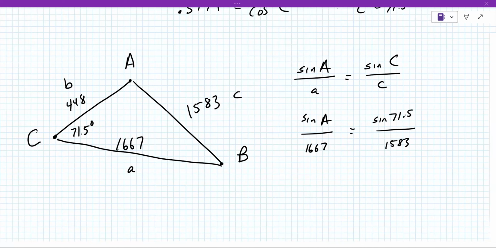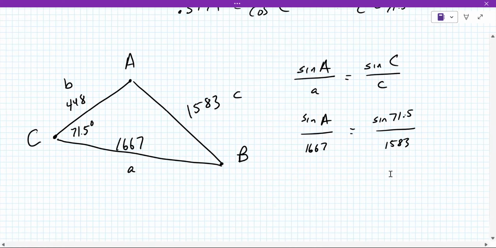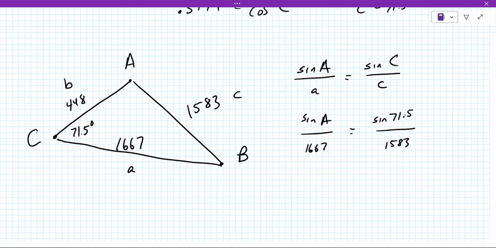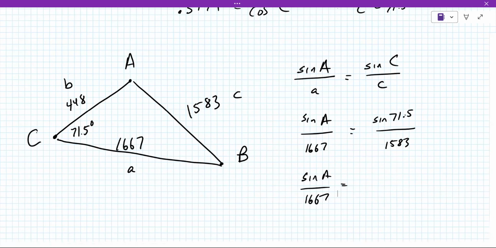So it's going to be sine 71.5 divided by 1,583. No, you divide by this and then you multiply by this number. Okay, I see that would help you. So what you should do is do this calculation on the right and then write out the result, but go to a bunch of decimal places.